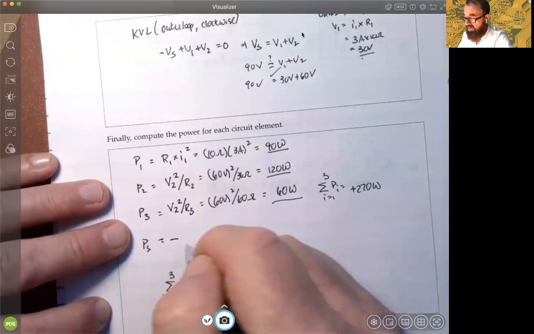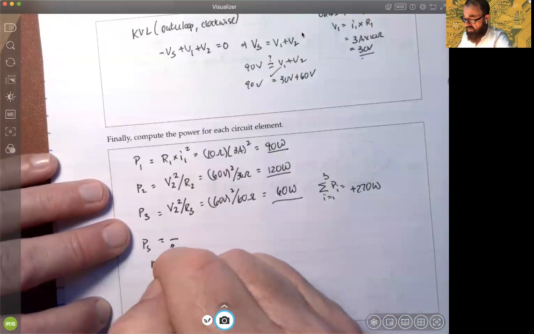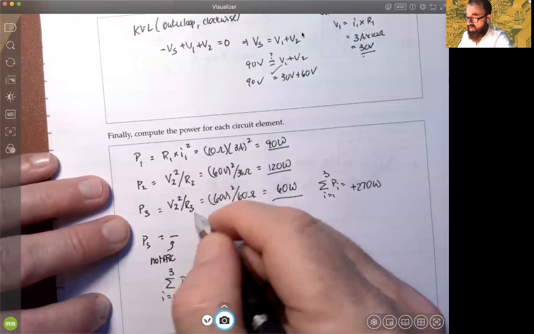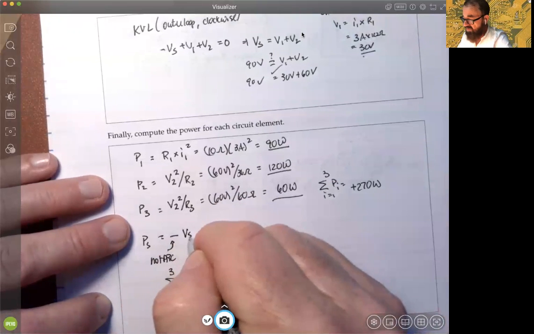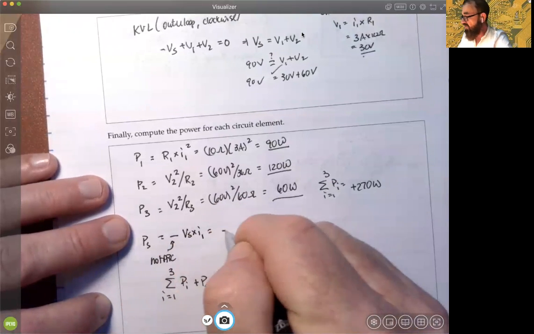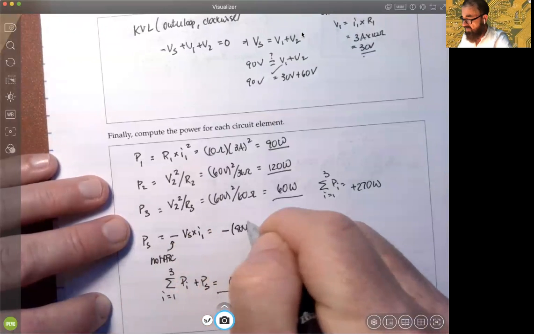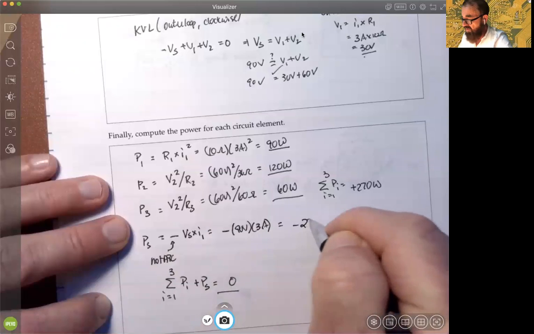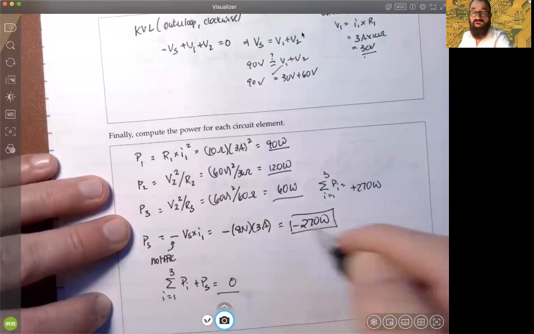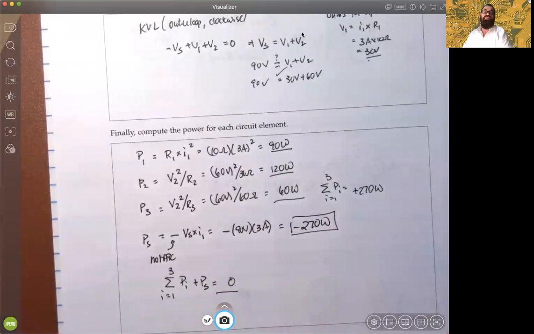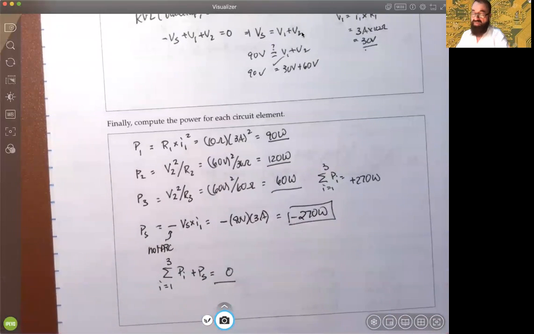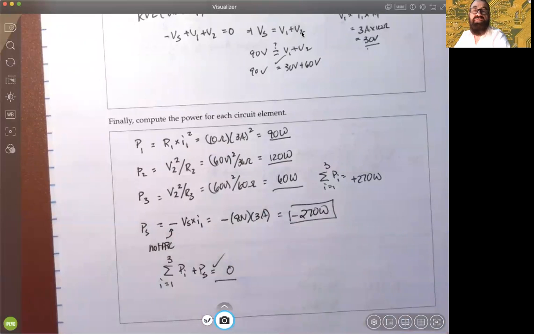So we should put a minus, representing that the voltage source is not in PRC. It'll be the voltage source times the current. So we'll get a minus 90 volts, the voltage source given to us, times the 3 amp current. And there you go, minus 270 watts. The sum of those wattages is 0, exactly what we should have.